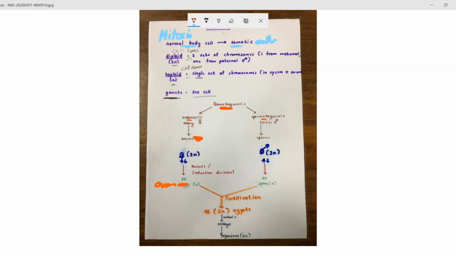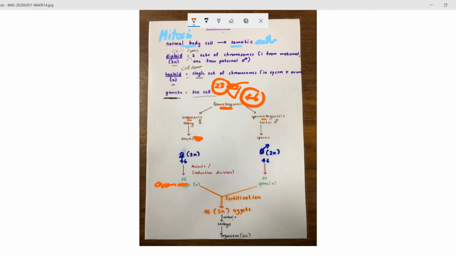Oogenesis forms the ovum, spermatogenesis forms the sperm, and it is here that the chromosome number is reduced from 46 to 23, so that the ovum that forms has 23 chromosomes and the sperm that forms has 23 chromosomes. The reason for that is when the ovum and the sperm fuse, it will form a zygote with 46 chromosomes. And that zygote will grow by mitosis into an embryo and then into an organism. So it's very important that you know mitosis and meiosis.